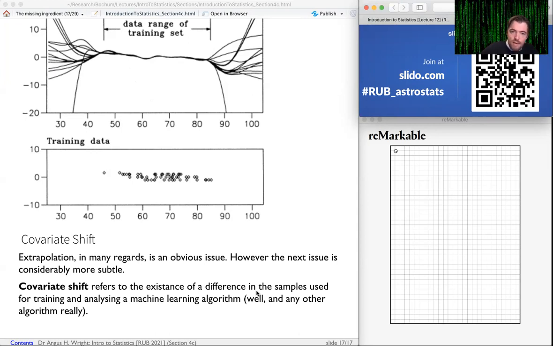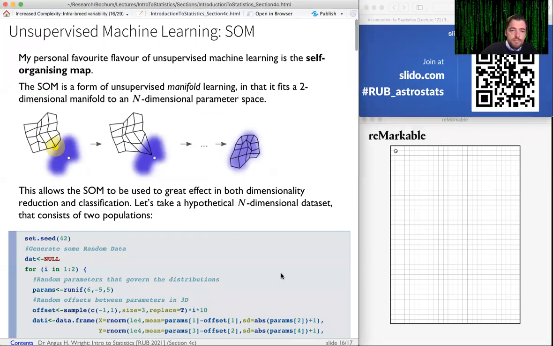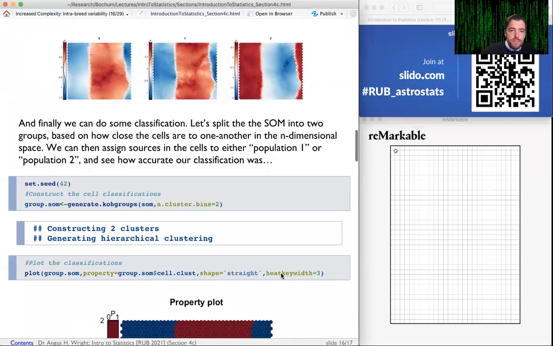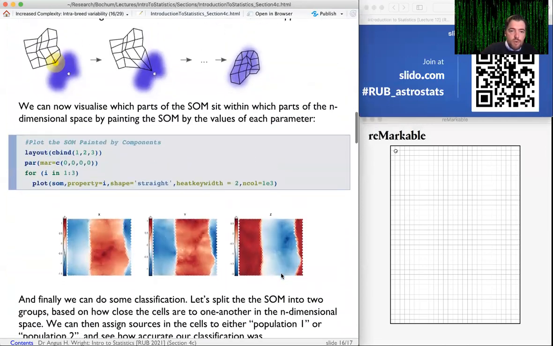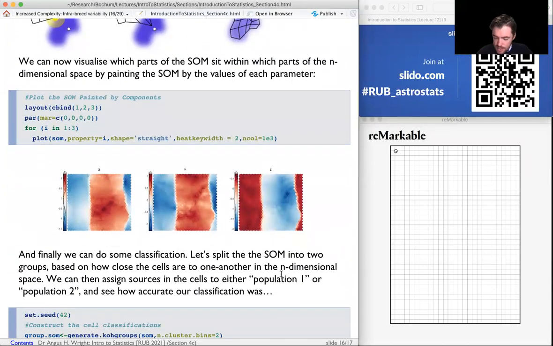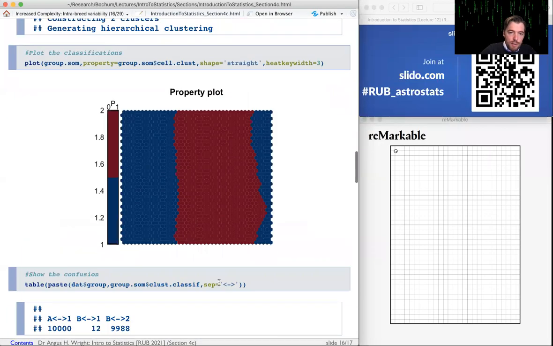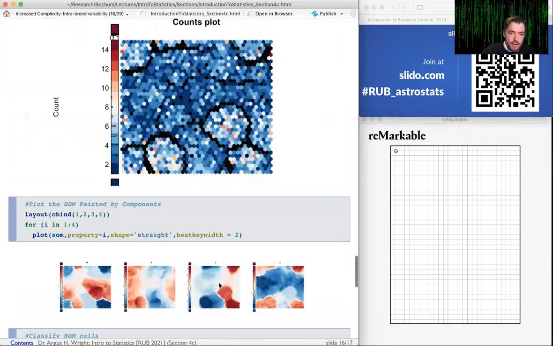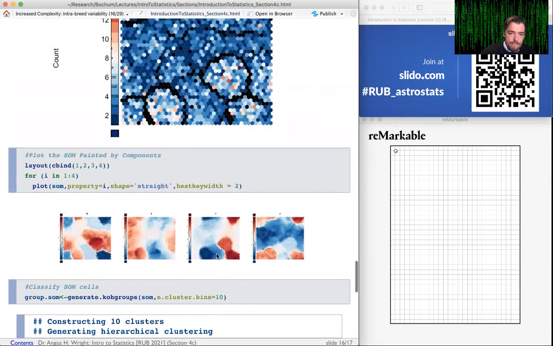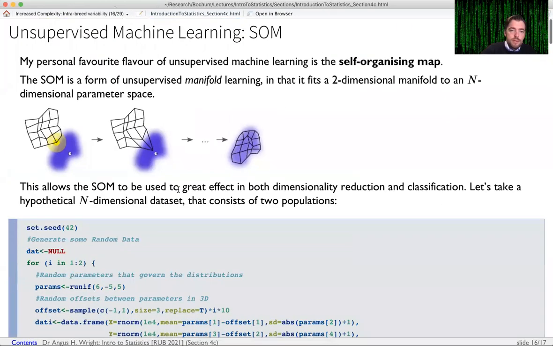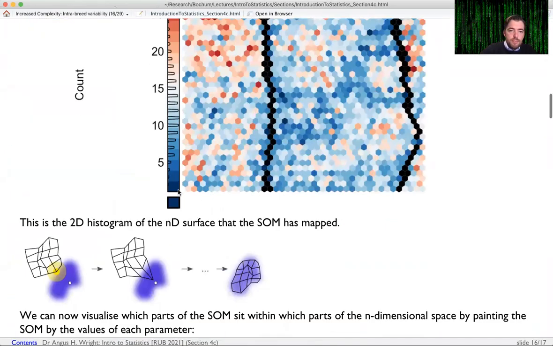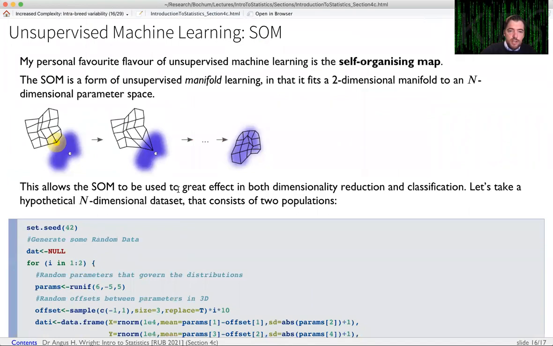Let's say that we have our self-organizing map. Let's go back to our SOM here. So let's take our self-organizing map, and let's say we go to a particular part of our map.